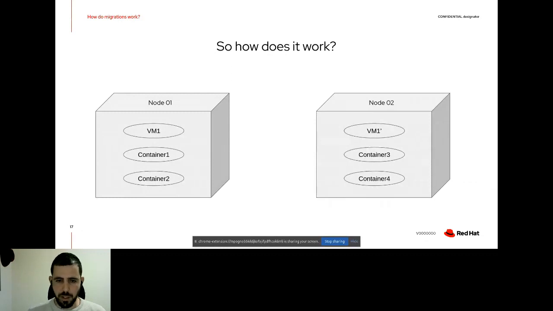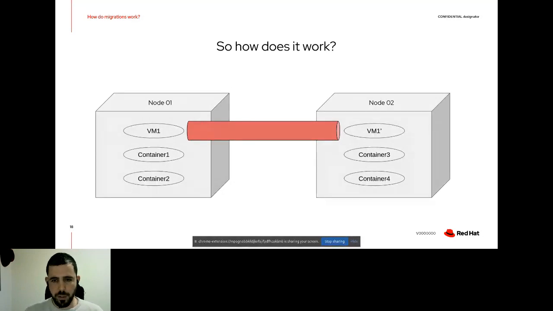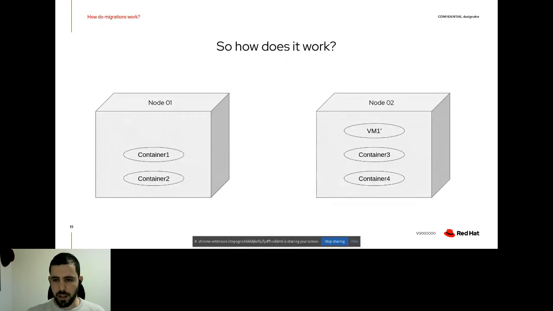Simply create them elsewhere. The second part, which is very different from regular containers, is that we have to move the state around from the first VM to the other one. So in Kubevirt, we establish a communication between 2 of those VM instances, and the state is being transferred from the source VM to the target VM. And finally, like containers, we simply remove the source VM and let the target VM run.